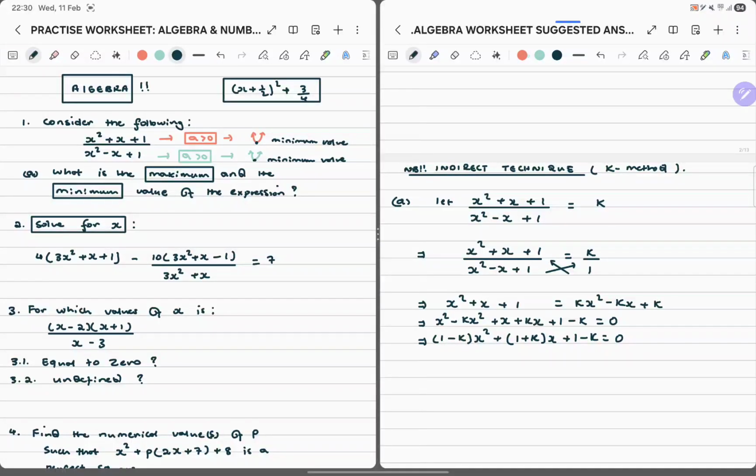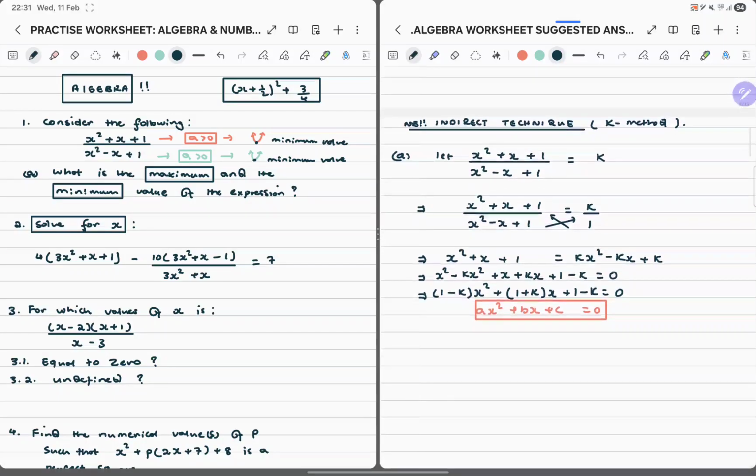Now we have written our equation in the form ax squared plus bx plus c equal to 0. So this is always the target when we've got a quadratic equation, because for us to be able to solve it, we must write it in standard form at least. Now, folks, what did I say?